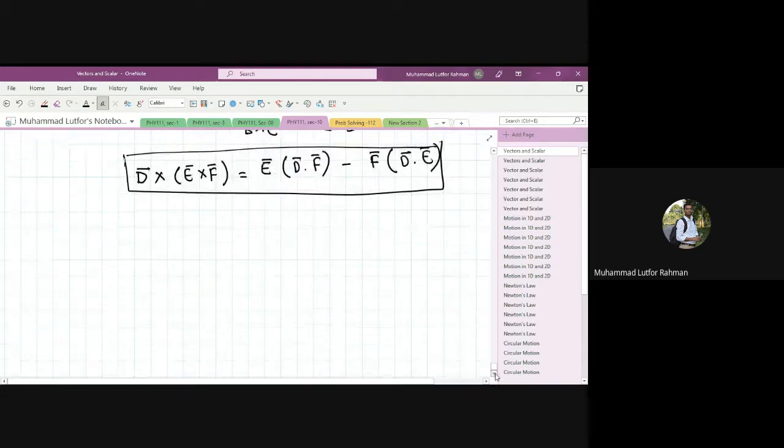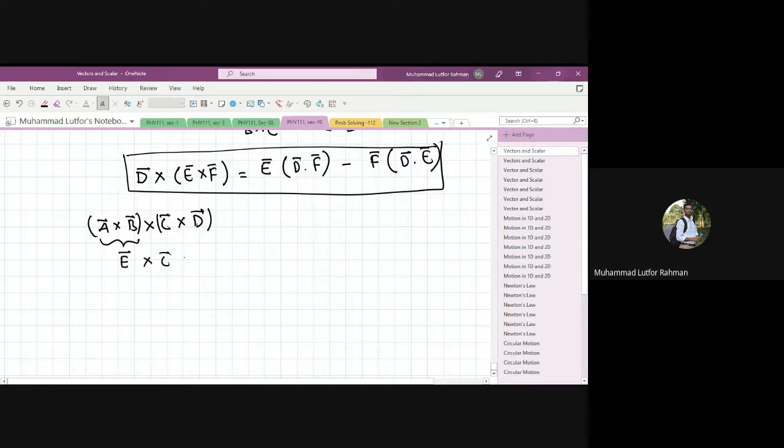Say if you have four vectors, we are taking A cross B cross C cross D, right? Or you can use the parentheses, then it will be easier. What you can do is consider this vector a single vector. Say I use another vector E for B cross C... then E cross D, right?